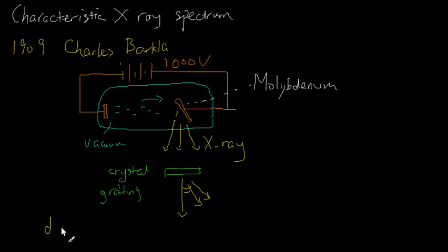Remember that the angles and wavelengths are related by this formula, d sine theta equals lambda, the diffraction grating formula. I've taken the n here to be 1.